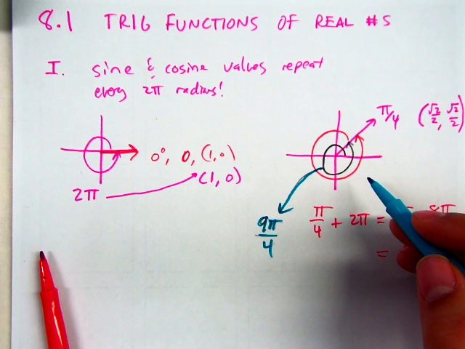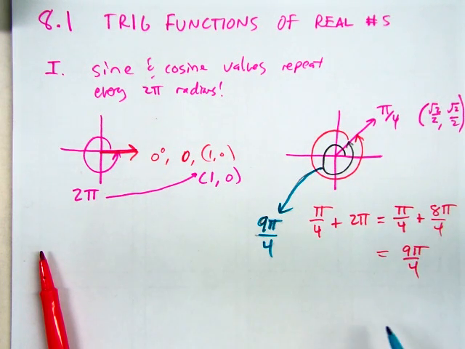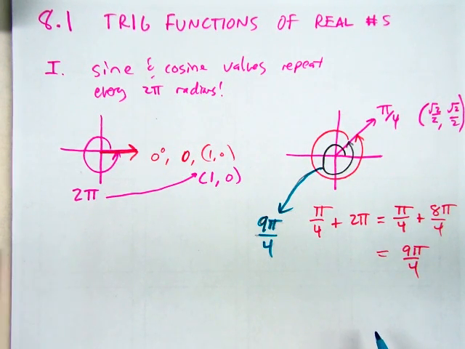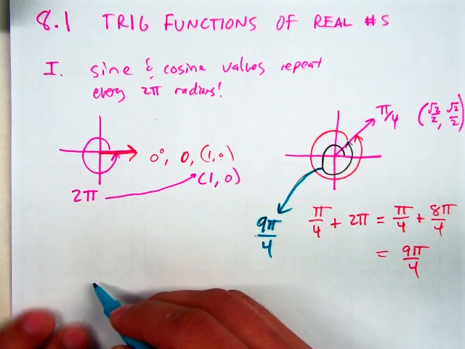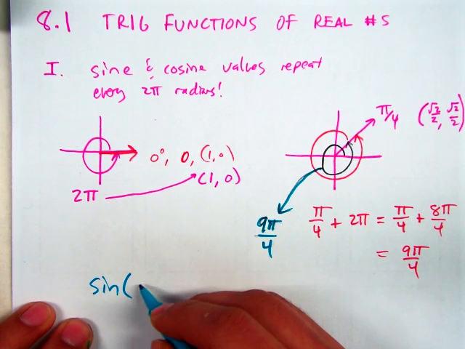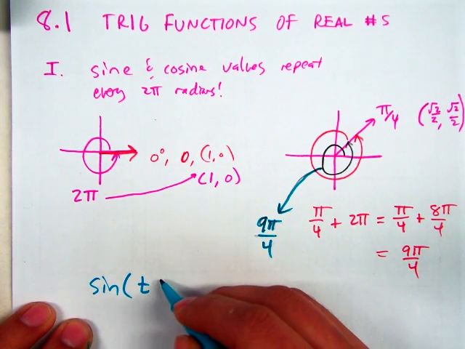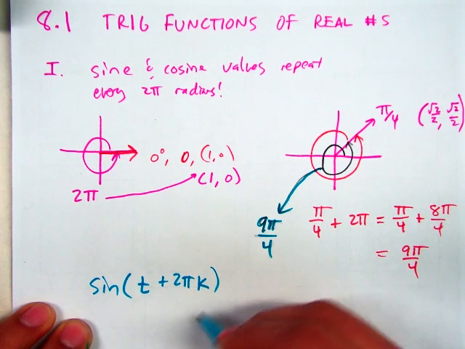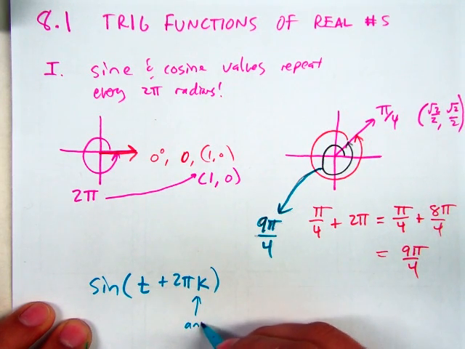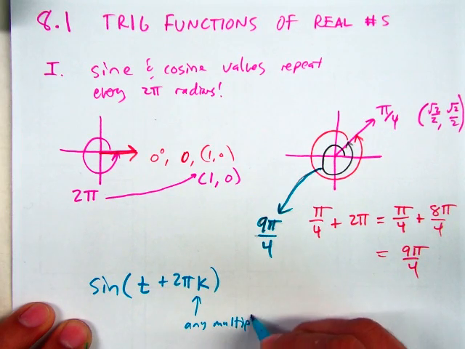Does that make sense? So the idea here is that any angle, if I start, let's say, with angle t, and I add 2 pi k, this just means any multiple of 2 pi.